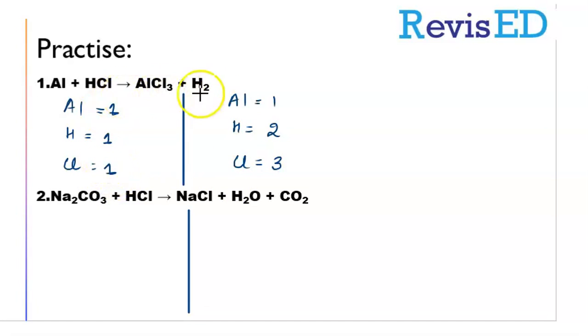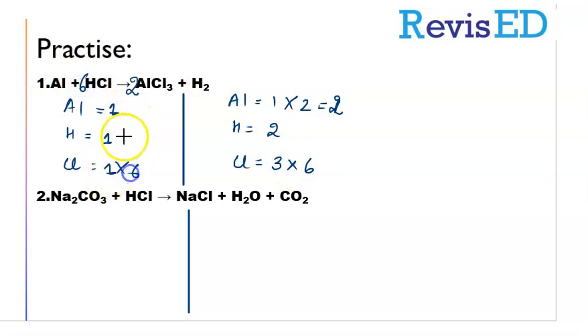So how am I going to balance this? First think about what we have to multiply. If I multiply it by 2, then what is happening on the right hand side? I multiply aluminium by 2, so this also gets 2, but chlorine is getting 6, so I can simply multiply it by 6.